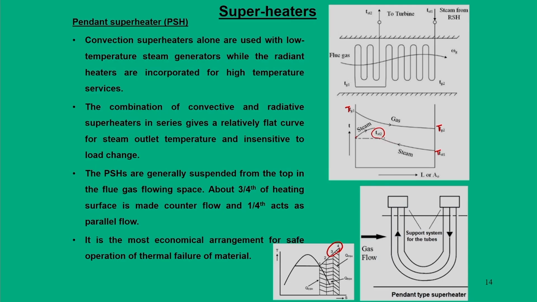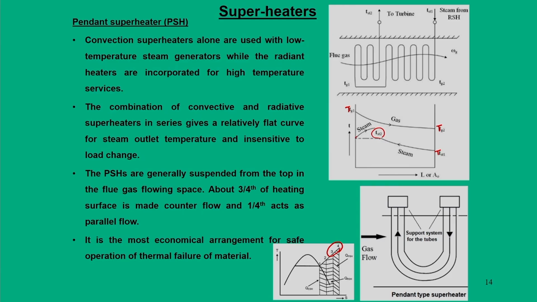So, basically speaking, we are going to mix these two types of streams in such a way as to get a flat curve. How we are going to do that, I will come back to in the subsequent slides.